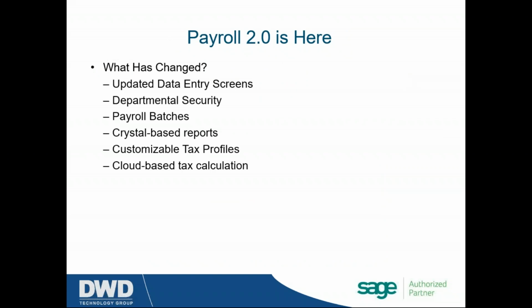All right, let's talk about our Payroll 2.0. That's what Sage is calling it. Payroll 2 right now is 2.19.4, I believe. So as an FYI, if you have the payroll module, it is now a separate download and installation from the Sage 100 2019.